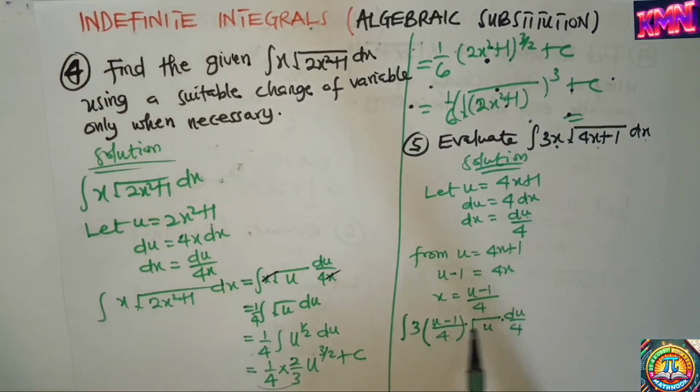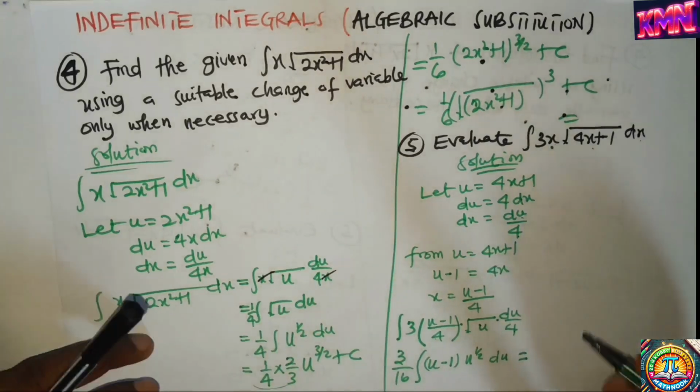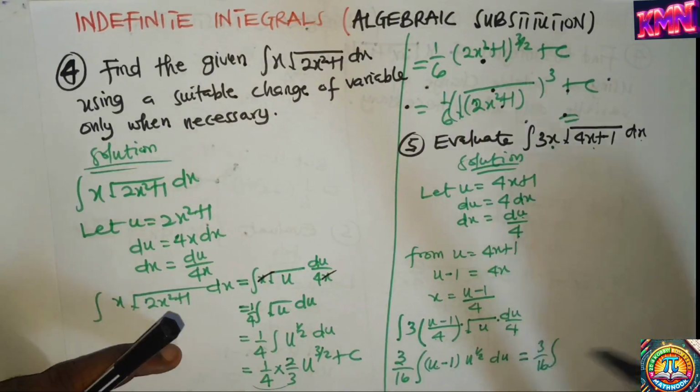Let's factorize all the constants out. At the numerator, we have 3. At the denominator, we have 4 by 4, and that's 16 out. So now our integrand is u minus 1 by u power half du, of which we can simplify, and that gives us u by u power half.